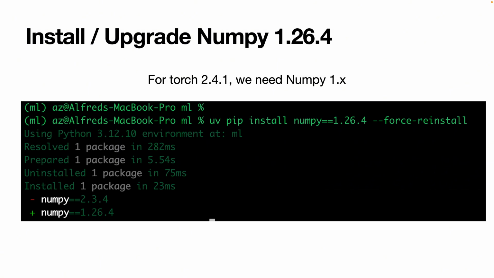This will tell you what happened after you run this. Previously I had NumPy 2.3.4 installed. The minus means it removed this newer version and reinstalled the older version of NumPy, which is the target version 1.26.4.